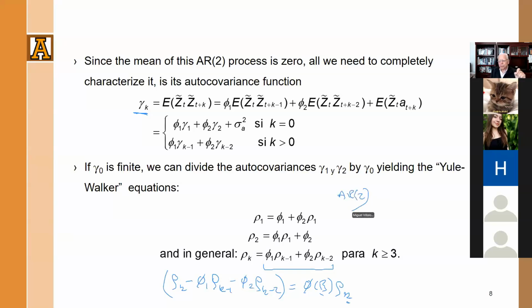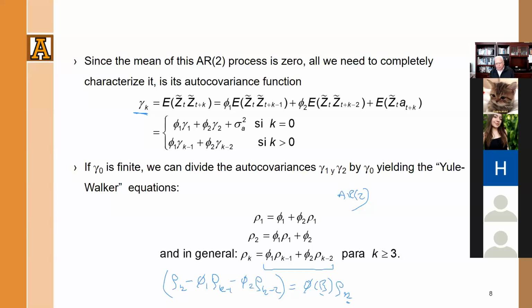So the coefficients of this AR2 model will determine the behavior of the autocorrelations for lags k greater than or equal to 3.